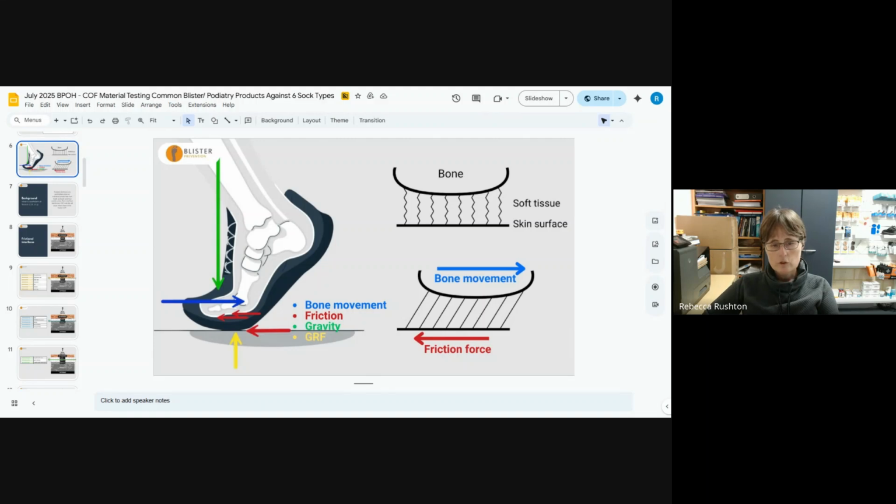And then within the shoe, we've got a sock-shoe interface, and we've got a skin-sock interface. Similar at the back of the heel, we've got a skin-sock interface and a sock-shoe lining interface. Same at the dorsum of the toes. So all of these have a specific coefficient of friction.